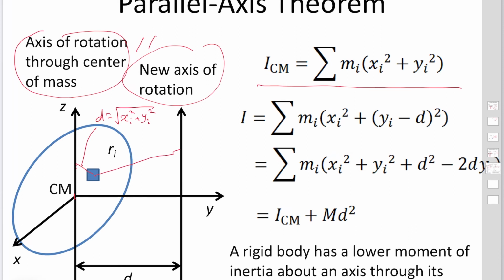We need to calculate this distance. x doesn't change, so x sub i doesn't change. But the y component is changing: y sub i minus d, squared. So if we expand, it produces 3 terms.